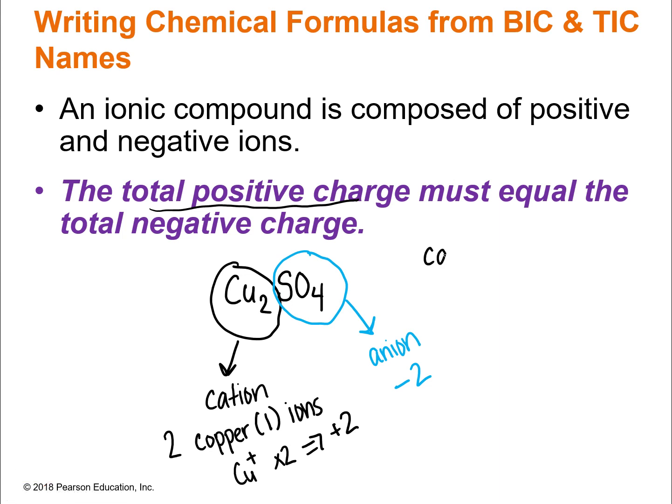When we add up our cation charge, plus the anion charge, it needs to equal 0. So in this case, our total cation charge is plus 2. We've got 2 copper ions times a charge of 1.